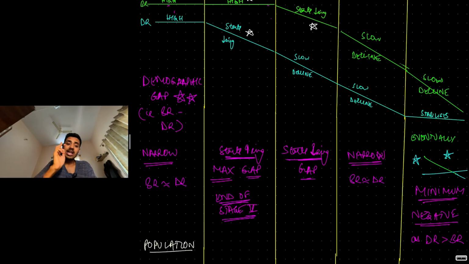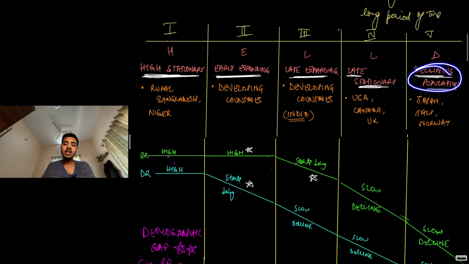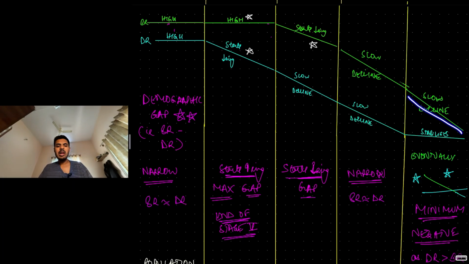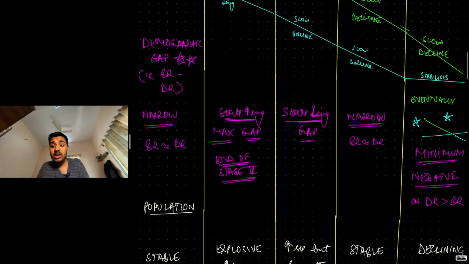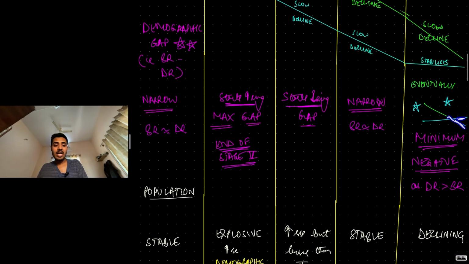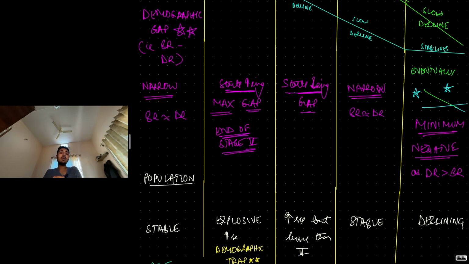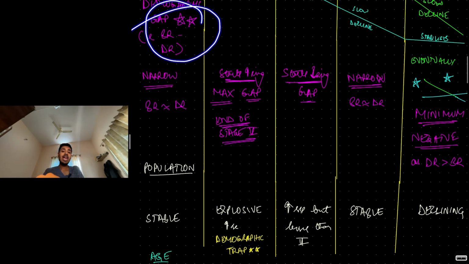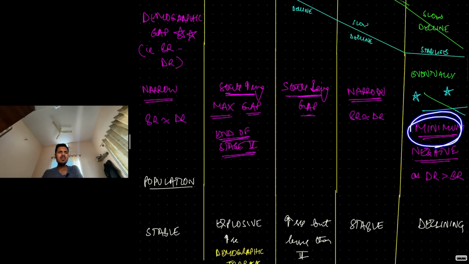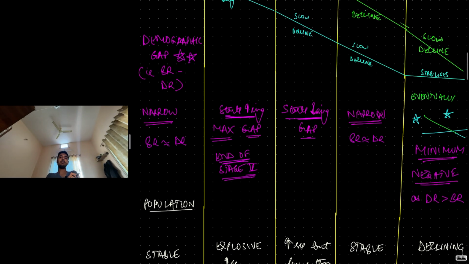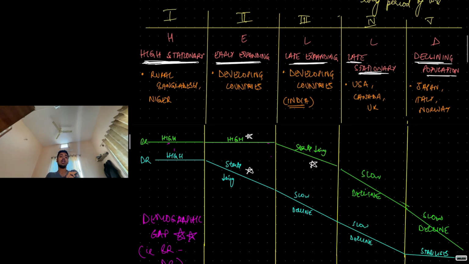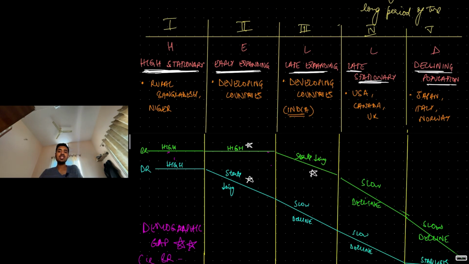In stage 5, birth rate is still on slow decline, but death rate has very slow decline or eventually stabilizes, and by the end of stage 5, birth rate becomes less than death rate. More people are dying than being born. So the demographic gap, birth rate minus death rate, becomes negative as death rate becomes more than birth rate. Understood? This is seen in declining populations like Japan, Italy, Norway, etc.